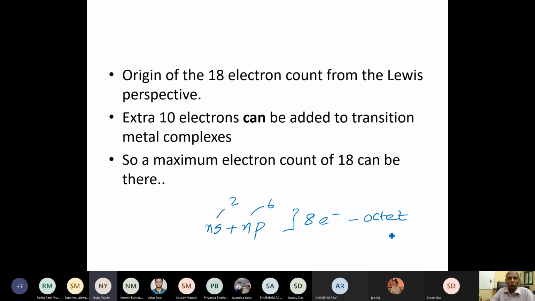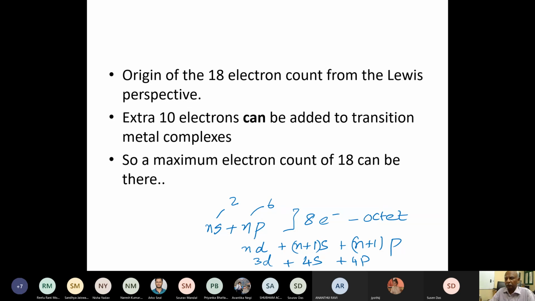When you come to a transition metal, then you have nd plus (n+1)s plus (n+1)p. So this is the electronic configuration of a transition metal. If you have a 3d transition metal, it will be 3d, 4s, and 4p.